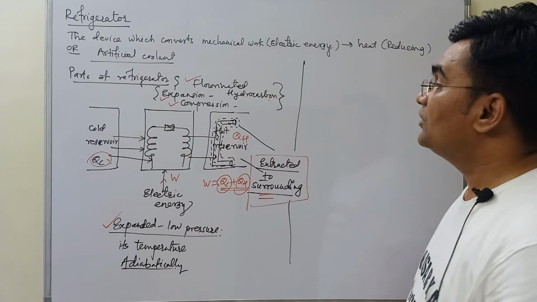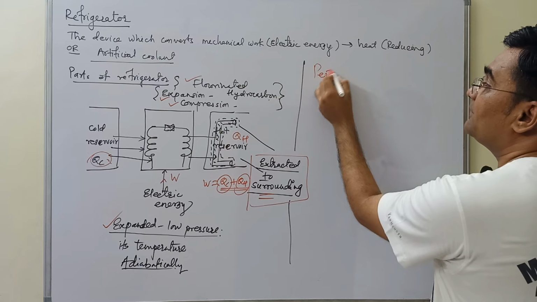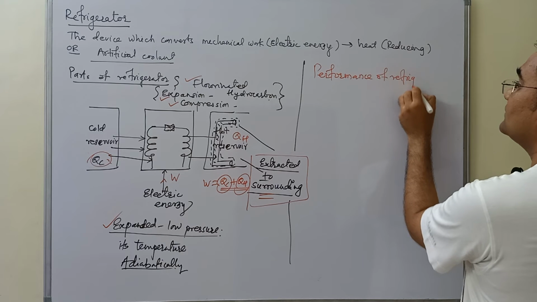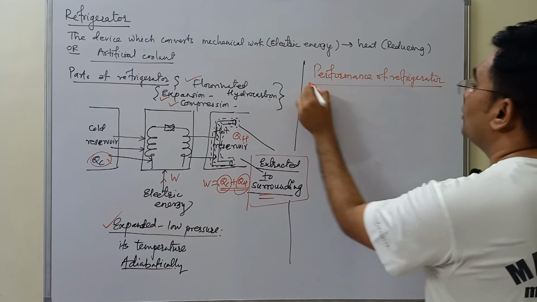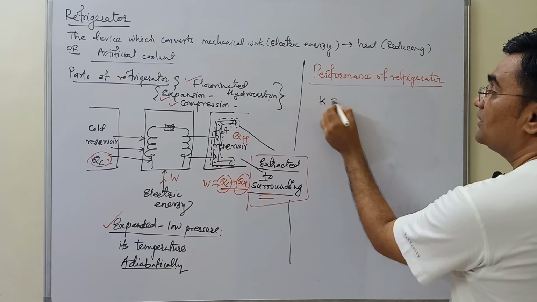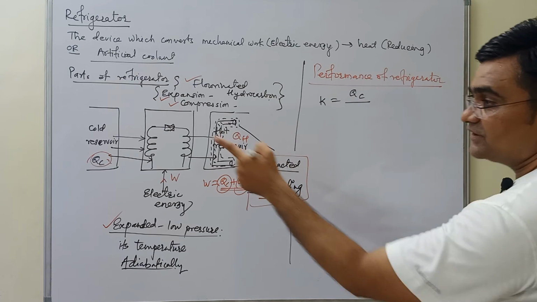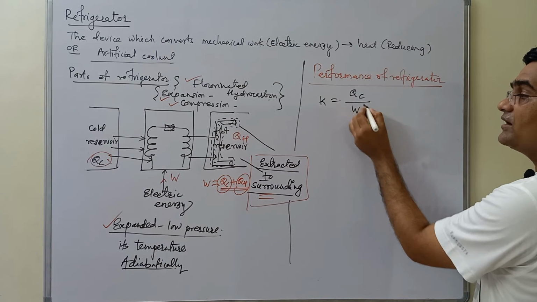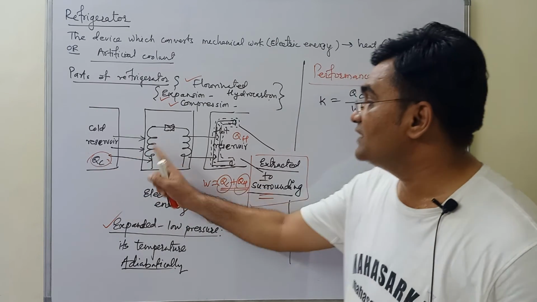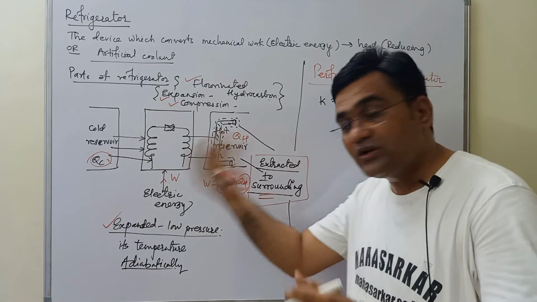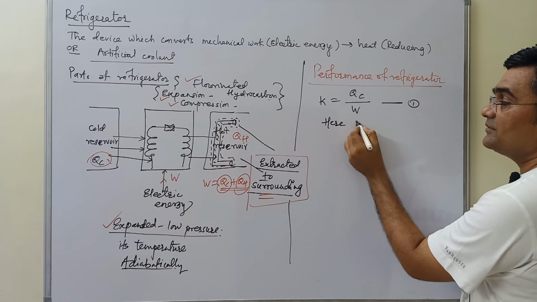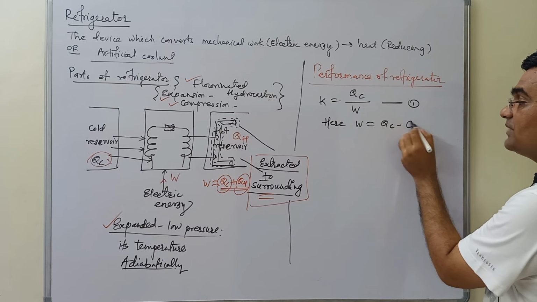One term that we will call is the performance of the refrigerator, or quality factor, or coefficient of performance. The coefficient of performance is the ratio of heat extracted from the cold reservoir divided by the work done. By the first law of thermodynamics, W equals QH minus QC.